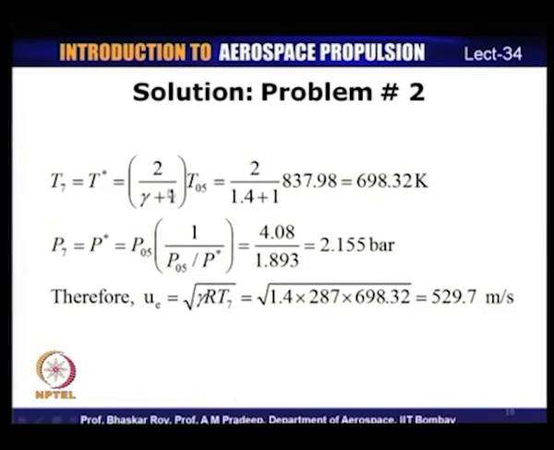Therefore, T7 is equal to T star, which is 2 by (gamma plus 1) into T05, this is 2 by (1.4 plus 1) into T05, comes out to be 698.32 Kelvin. P7 is equal to P star, this is again from the pressure ratios, we get 2.155 bar. Therefore, primary nozzle exit velocity is square root of gamma R T7, this is 1.4 and 280 into 698.32, that is 529.7 meters per second.